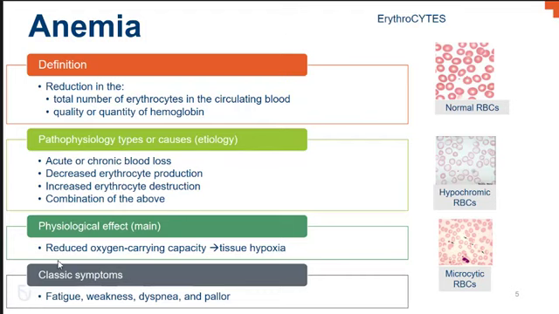Now, the main physiological alteration of anemia is going to be this reduced oxygen carrying capacity and therefore tissue hypoxia. If we don't have enough red blood cells, or if we have something wrong with our hemoglobin and we can't carry enough oxygen to our body, that being 1 billion oxygen molecules per red blood cell, and there are tons circulating throughout the body at any given time.